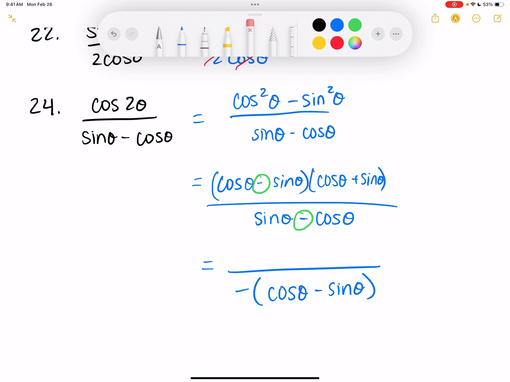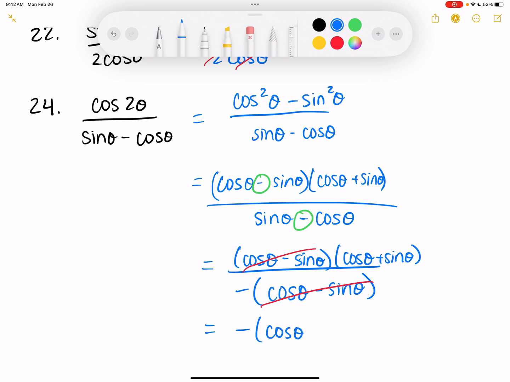So then I have the cosine theta minus sine theta times cosine theta plus sine theta on top. Now what? Now I can cancel. So I'm left with this negative on the bottom, but it can be moved up to the top. So negative parentheses cosine theta plus sine theta. And you can either leave it there or you can multiply the negative through, but I would just leave it like that.